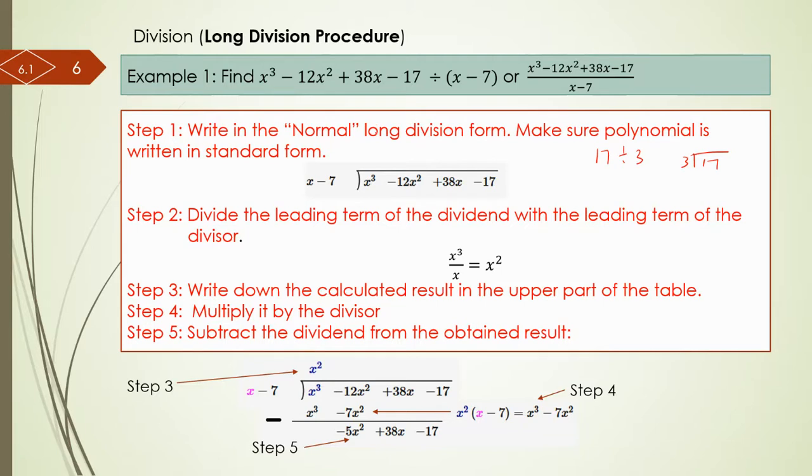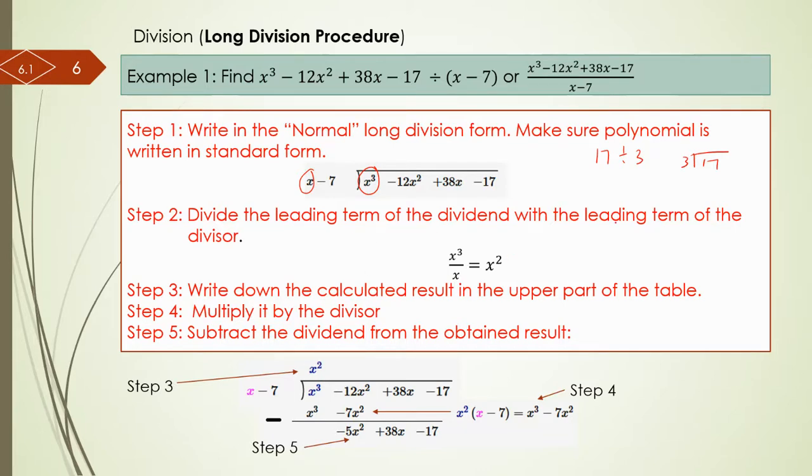Now how do you get the first multiplication? There are two ways. One is you take the highest degree, x cubed, and the highest degree of your divisor, x. You use x cubed divided by x, so you get x squared, and you put x squared here.